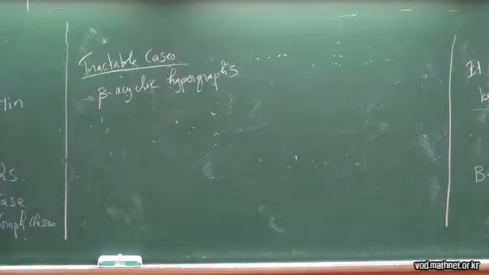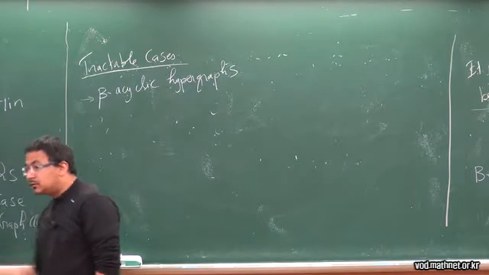Beta acyclic means the hypergraph has such an ordering, and every subhypergraph also has this ordering. Because if you take a hypergraph and you add one hyperedge that is the whole ground set, then you are alpha acyclic. So alpha acyclicity is not closed under taking subhypergraphs.